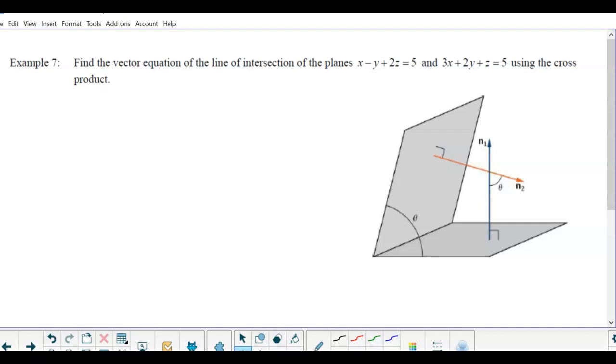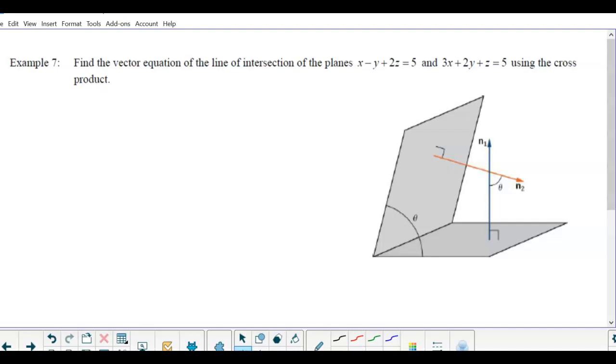If you think about it, we've got two Cartesian equations, so we have our two normals. We used this diagram before, so I just copied it out. The cross product of those two normals is going to be parallel to this line of intersection.